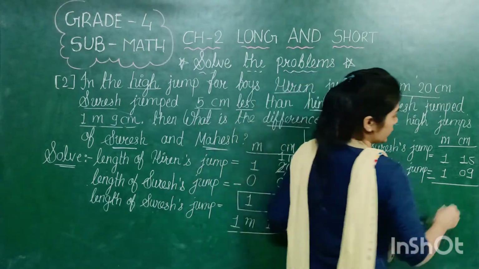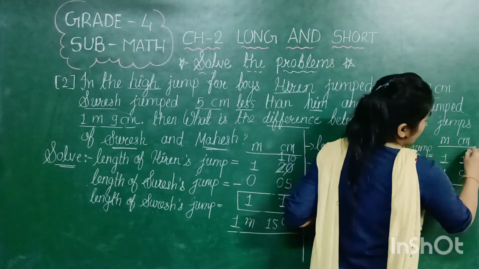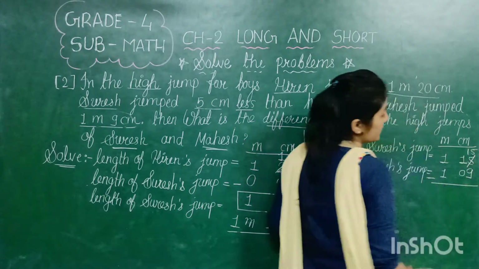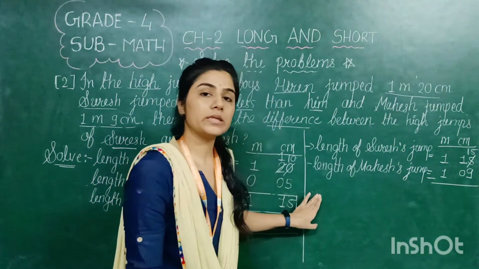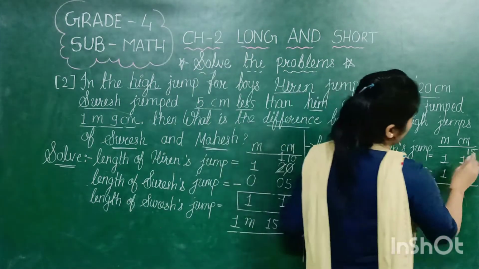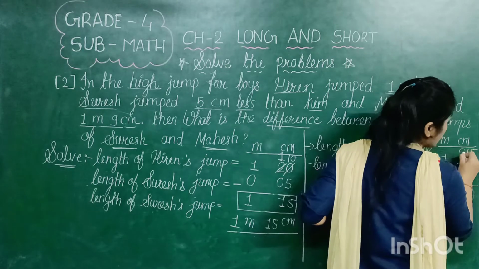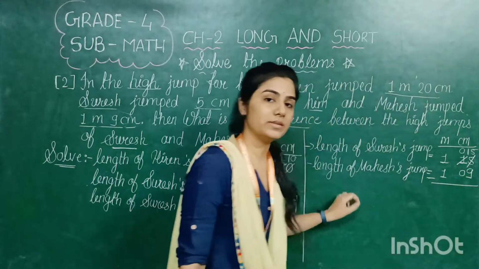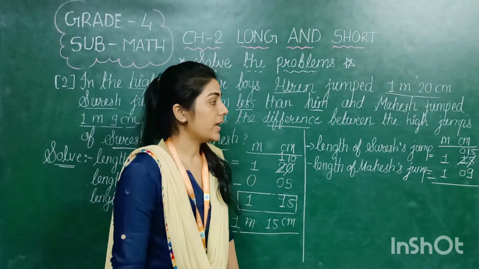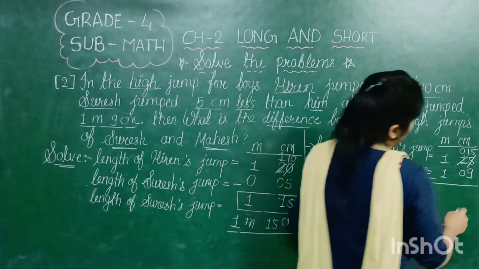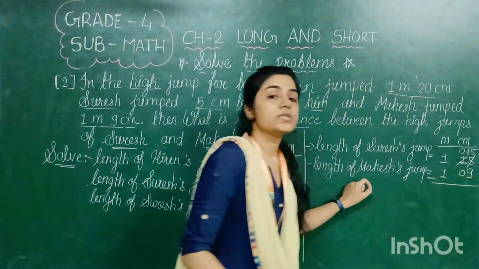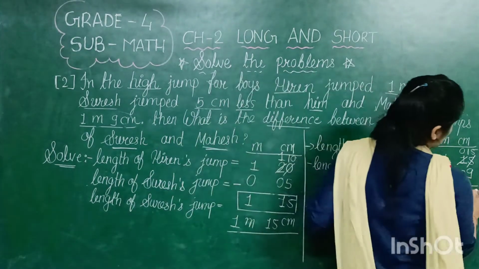Now do subtraction. 15 we have to take because from the 5 we can't subtract the 9. So 15 we have to take and cut this 0, cut this 1, put 0, which is 1 number less than the 1. Now 15 minus 9. 15 minus 9. So answer will come 6.